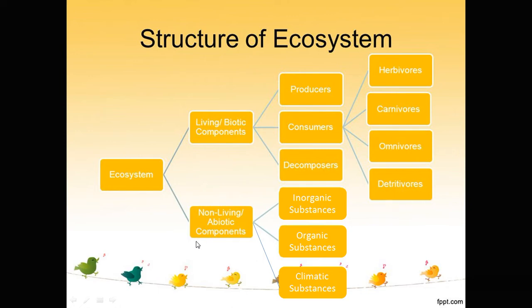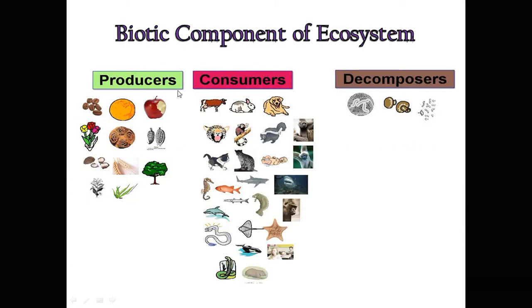Abiotic components are classified as inorganic substances, organic substances and climatic substances. These are the biotic components of ecosystem. Producers include all the plants and chemosynthetic bacteria. Consumers include all animals. Decomposers include bacteria and fungi.